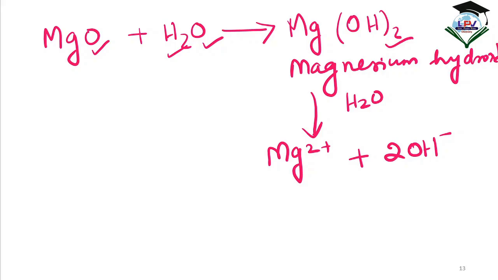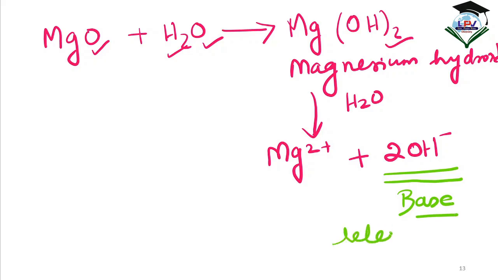This OH minus ion makes magnesium hydroxide a base. A base is one which releases OH minus. Hope you remember the definition of acid.